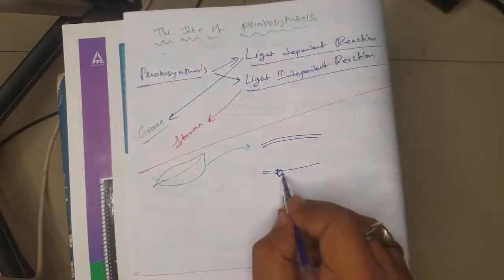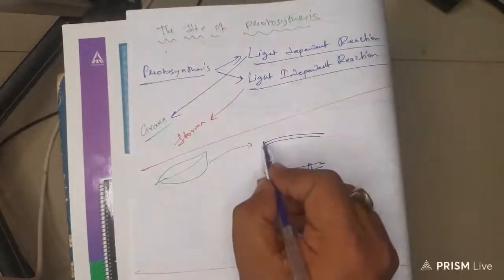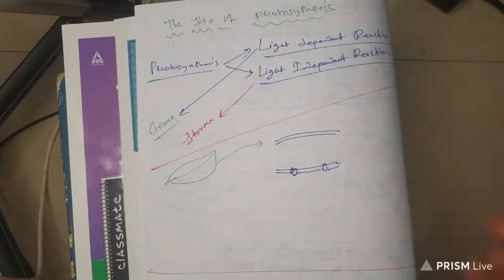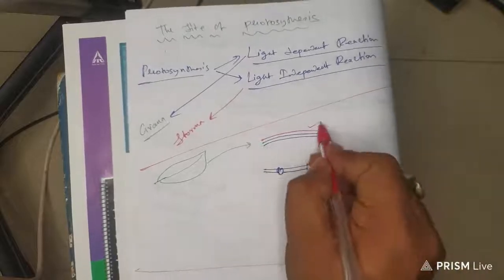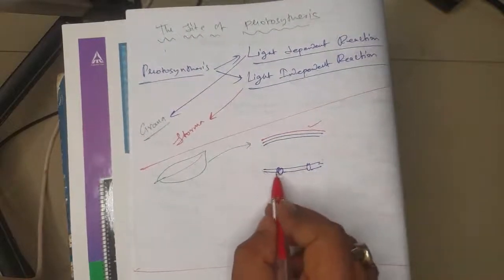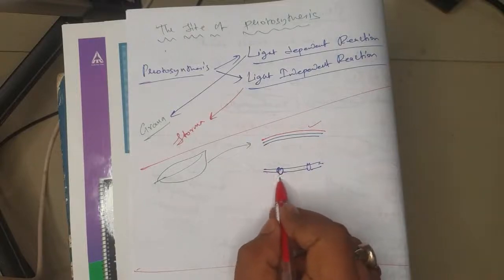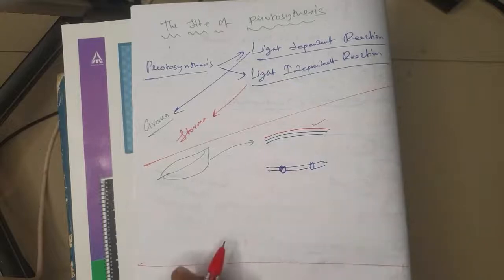There will be a cuticle above the upper epidermis. In the lower epidermis there will be stomata or pores. You know about stomata, that there are guard cells.